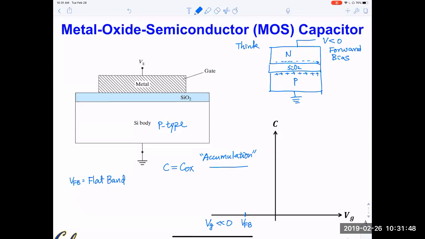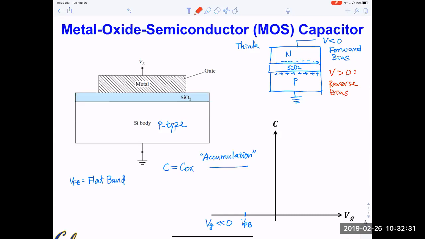Now, after my voltage becomes larger than the flat band voltage, so think V eventually becomes greater than 0, then this feels like reverse bias, except it's again separated by oxide. But in reverse bias, there's no current anyway. So the carriers are being pulled away even more.